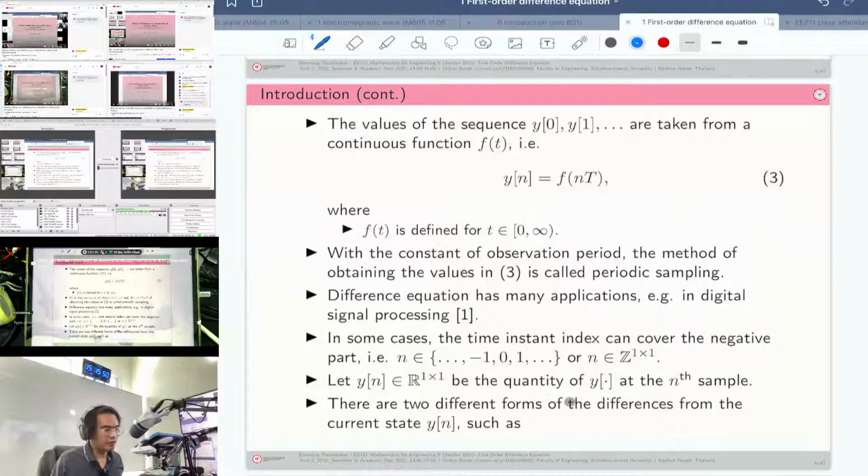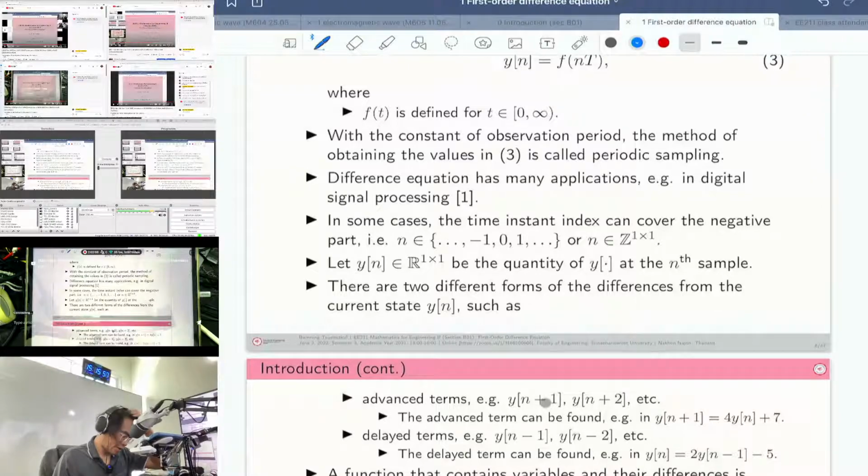There are two different forms of the differences from the current state yn. For example, if you have yn plus 1 and yn plus 2, the advanced term can be found as y[n+1].